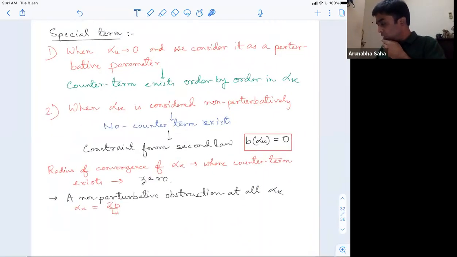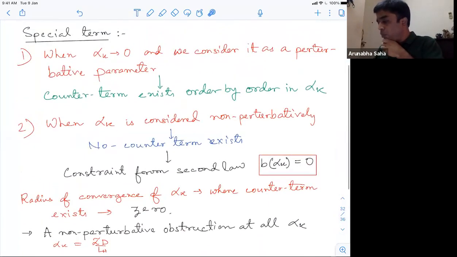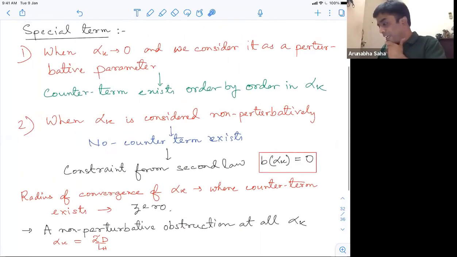Hence, if you work with non-perturbative alpha k, you need to impose this constraint that b of alpha k should be equal to 0. You can always correct it if you consider alpha k to be very close to 0 and work perturbatively, and the moment you start considering it non-perturbatively, you don't have any consistent entropy current.